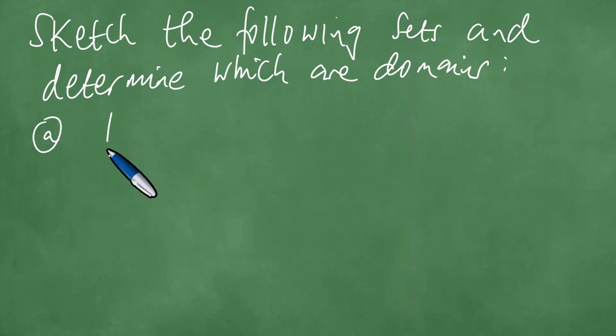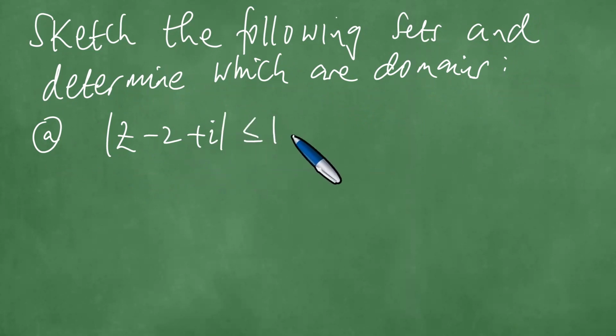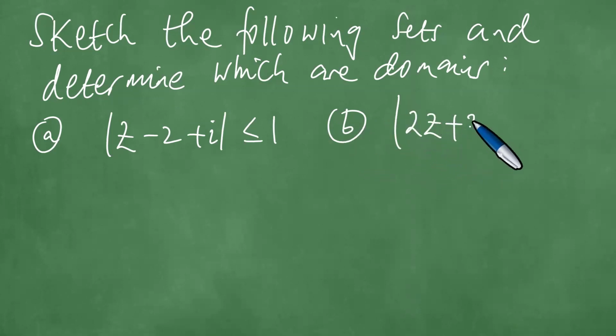A: modulus of z minus 2 plus i is less or equal to 1. B: modulus of 2z plus 3 is bigger than 4.